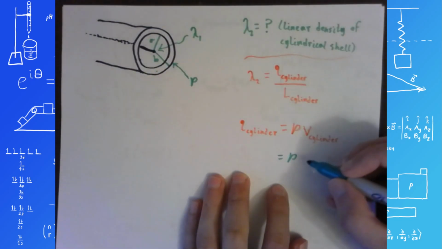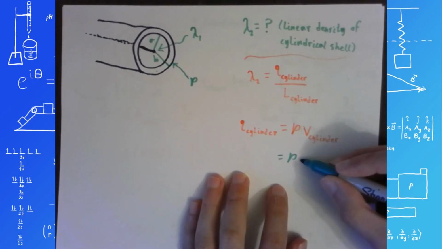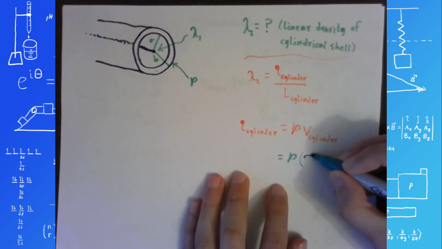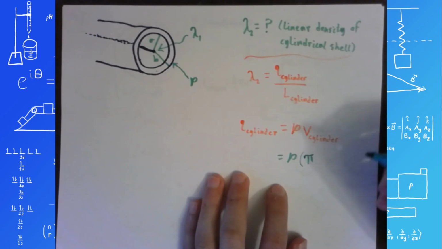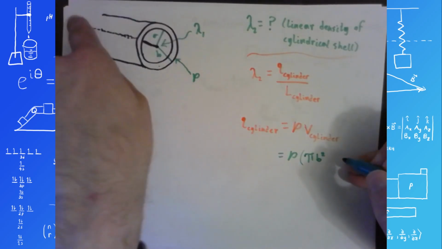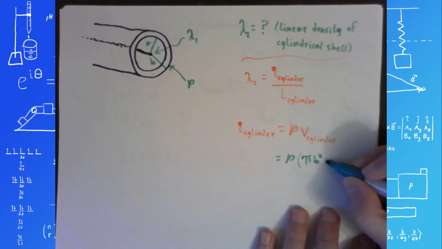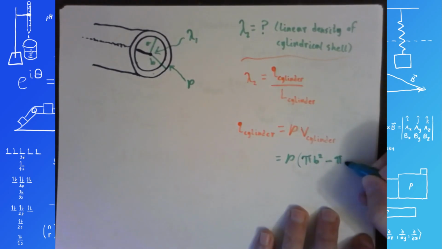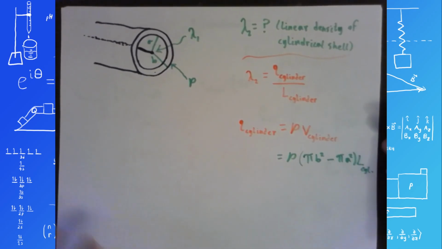It's infinite, yes, but we're physicists, so we can get away with what we're about to do here. So, volume of the cylindrical shell, we're going to have pi times outer radius squared, so pi b squared, times L, minus pi a squared times L. Factor out the L: pi b squared minus pi a squared times L cylinder. I'll just call it L cyl for short.